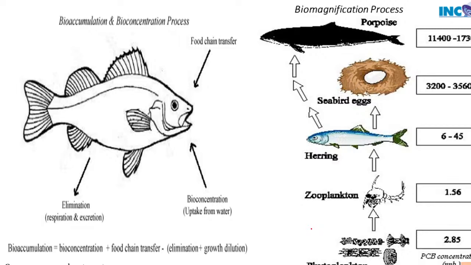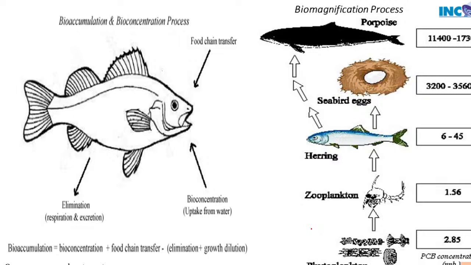Bioaccumulation means whatever contaminants the fish can store are deposited in particular tissues or organs, such as the liver and kidney. Why? Because some contaminants are highly absorbed in water and some in soil.